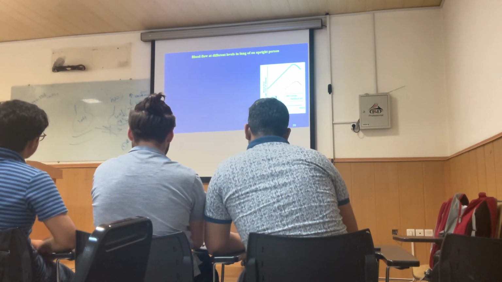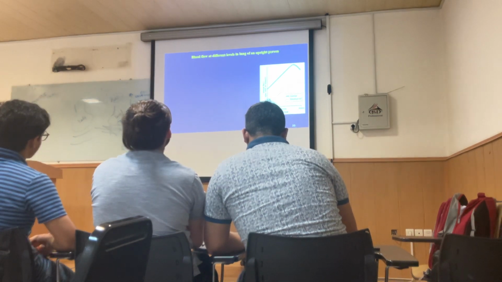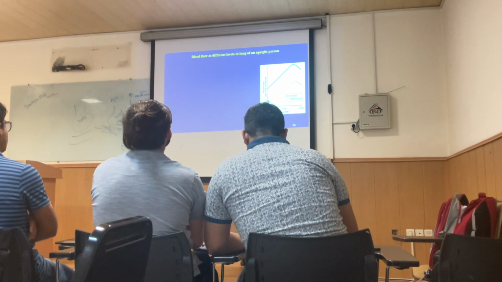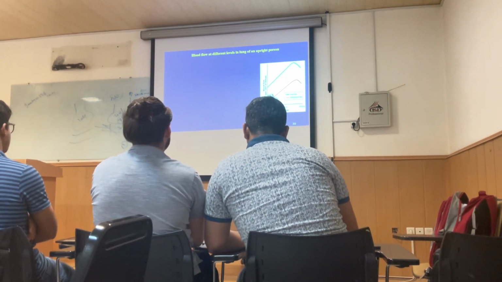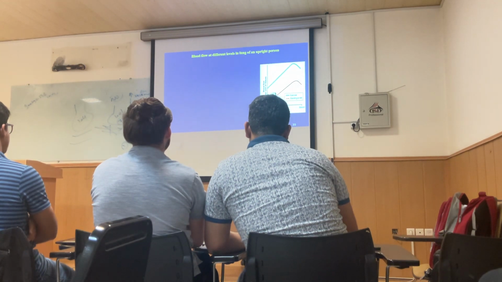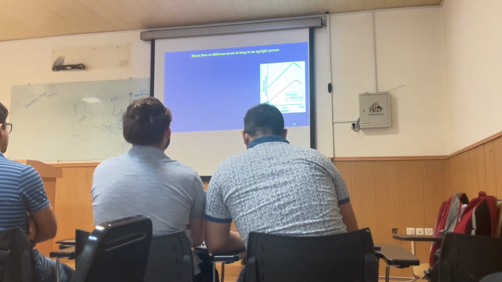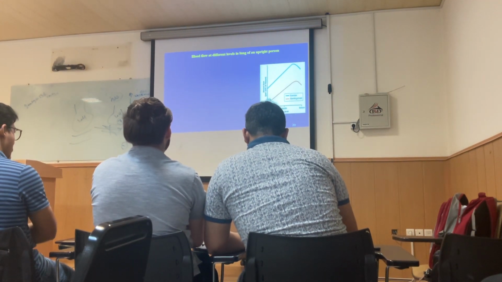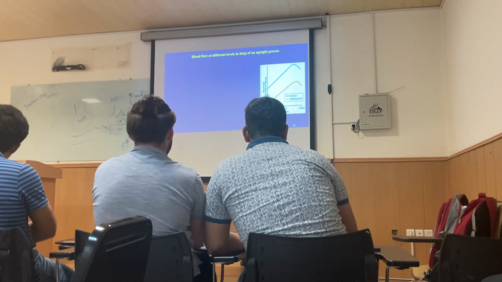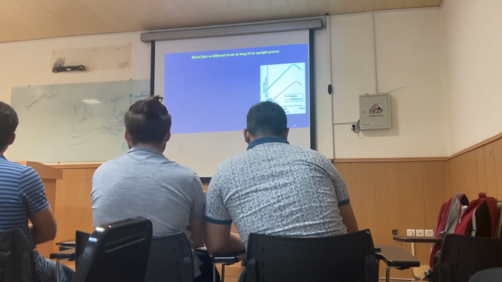In vertical, you can see the amount of blood flow. Tell me, what happened to the amount of blood flow when we move from the top of the lung toward the bottom? You can see that step by step the amount of blood flow increases and increases. It means that at the top it is less, in the middle it is more than the top, and at the bottom it is more than the middle.